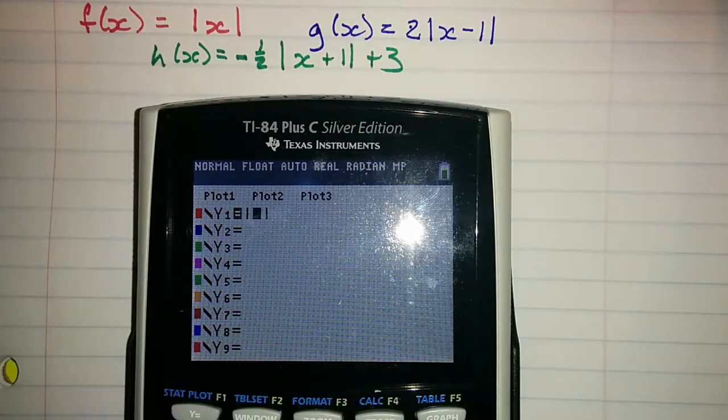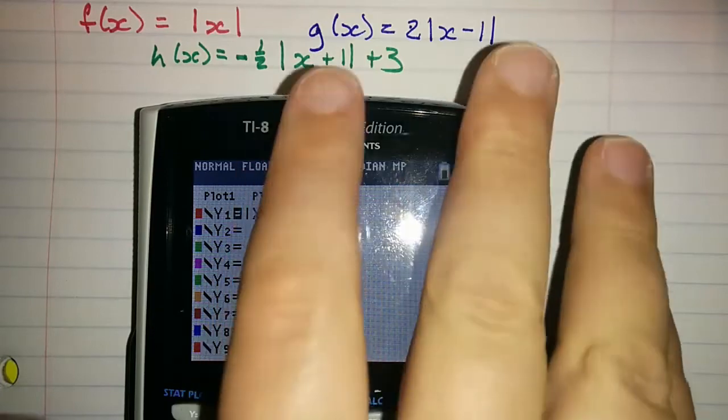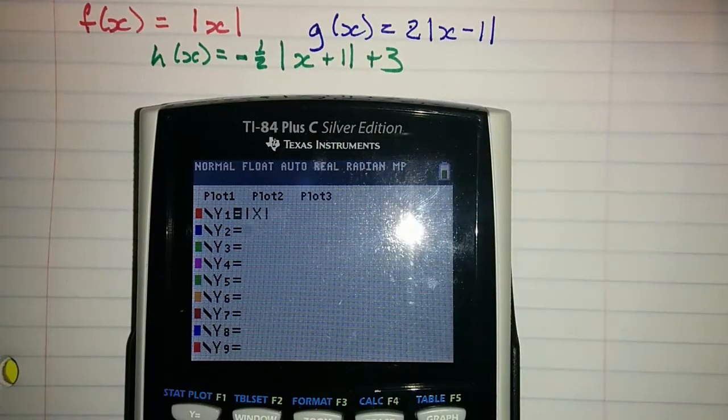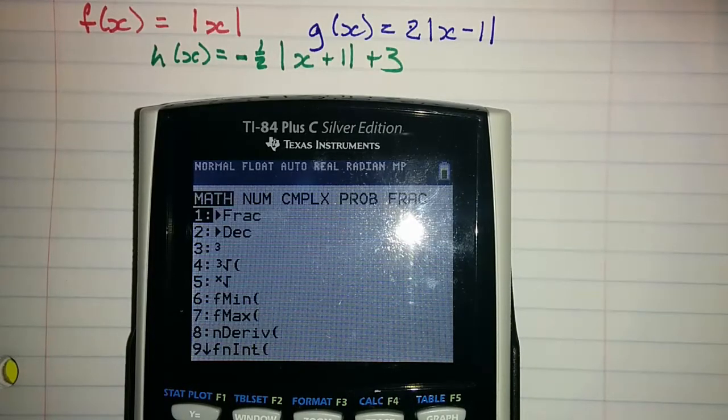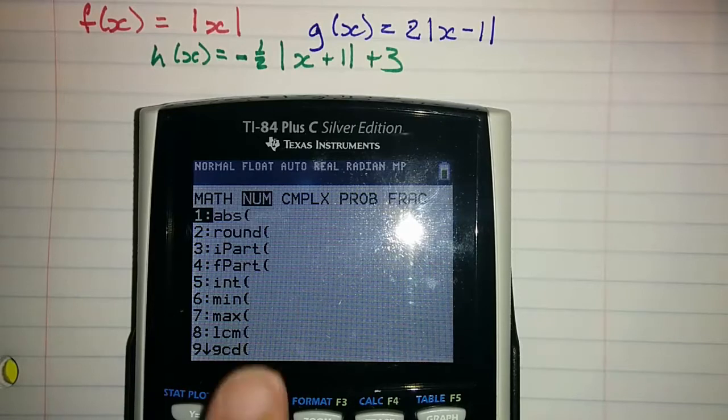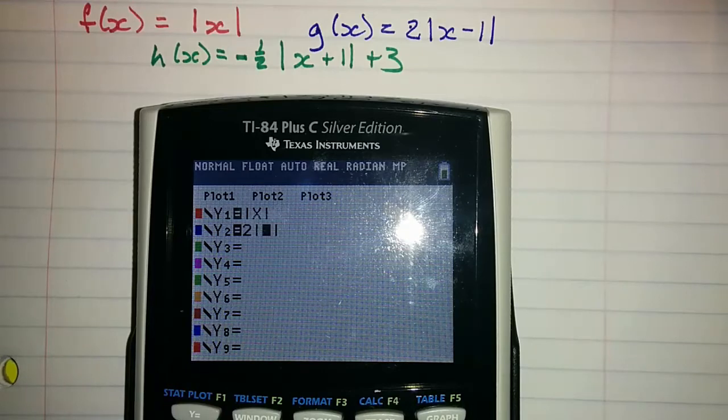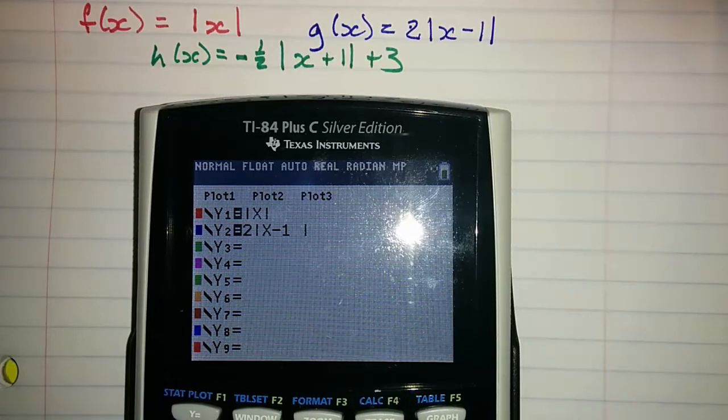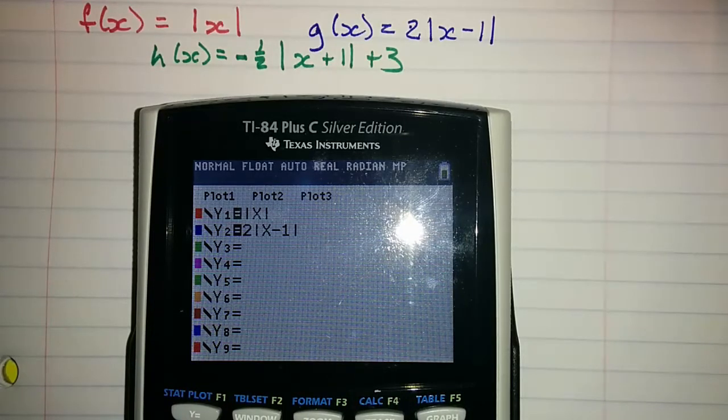Either way, f is just absolute value x, so I'll just enter x inside the absolute value. All right, g. So for g, I will have 2 times, again, math, over to select num, select abs, and inside the absolute value, x minus 1. And now for h, this is going to be a little trickier, negative 1/2.